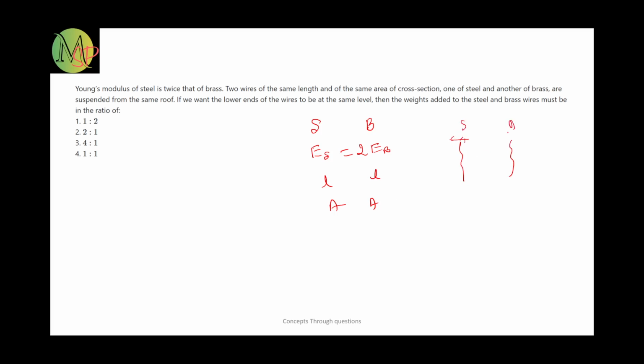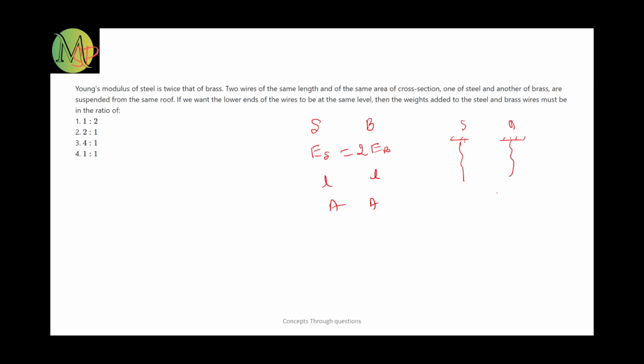This is S, this is B. If we want the lower ends of the wires to be at the same level, means the change in length is the same, then the weight added to the steel and brass wire must be in the ratio of, so weight added for steel to the weight added for brass. This ratio is asked.